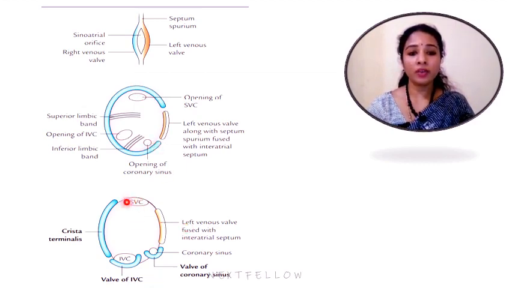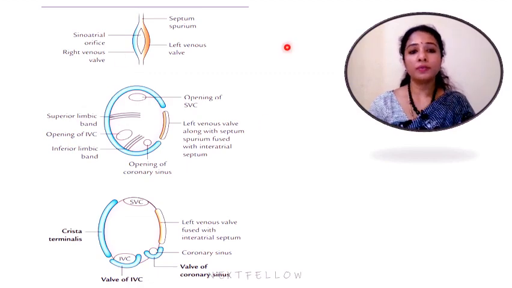I am sorry, actually it forms the crista terminalis, the valve of the inferior vena cava and the valve of the coronary sinus. Only these three parts it forms. So this is the fate of the right and left venous valves.